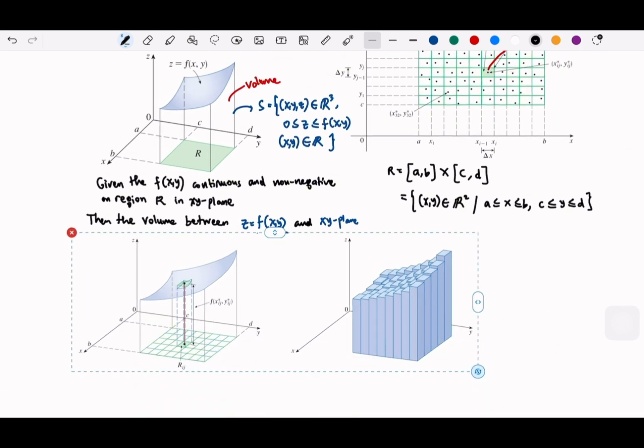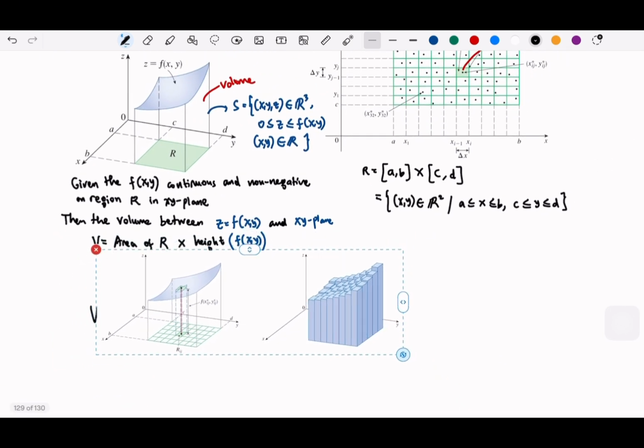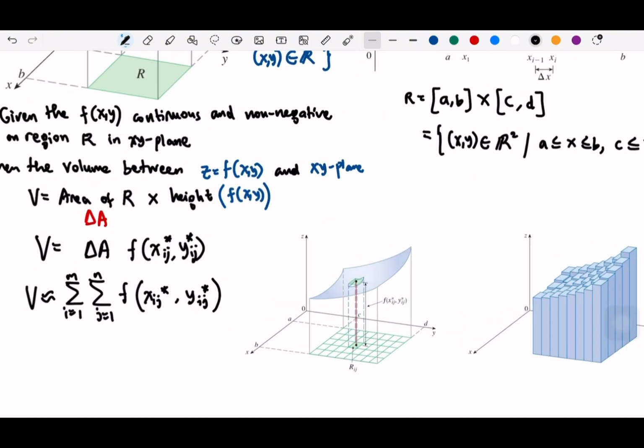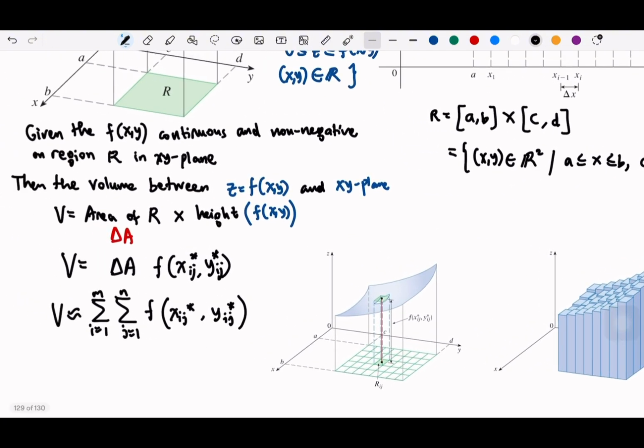Let me write this a little bit here. So this is our goal, actually, from the small pieces that we found. Now we have a rectangular volume, right? And then we add all of this.